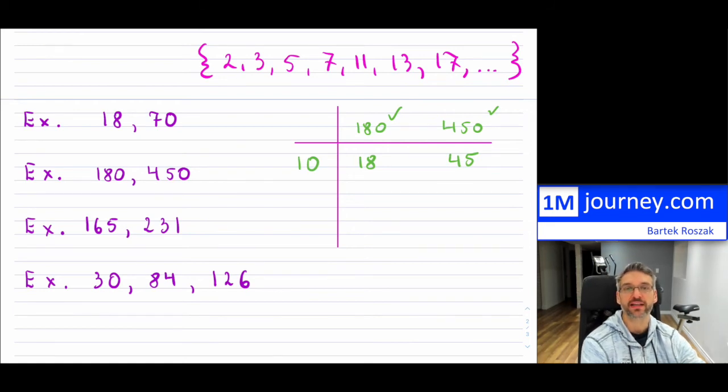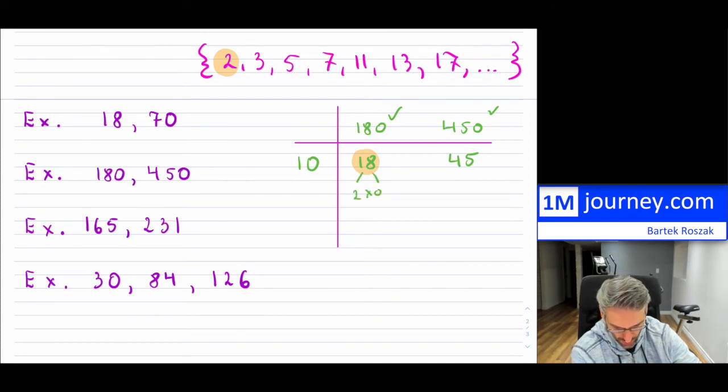Now let's see if I can break the 18 and 45 with other factors that might go in. And here, I'm going to try to use the number 2. Well, 2 goes into 18, it won't go into the 45. And that's okay, right? But since 2 goes into 18, I'll break this down. It's going to be 2 times 9.